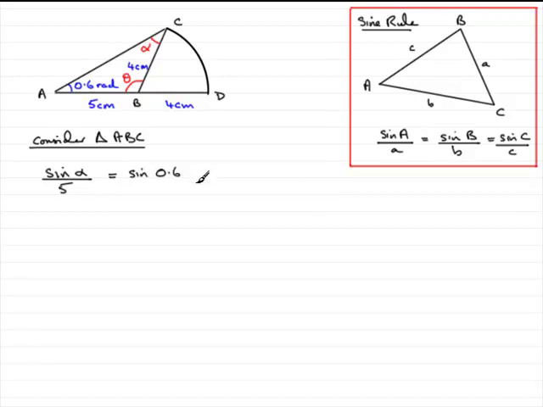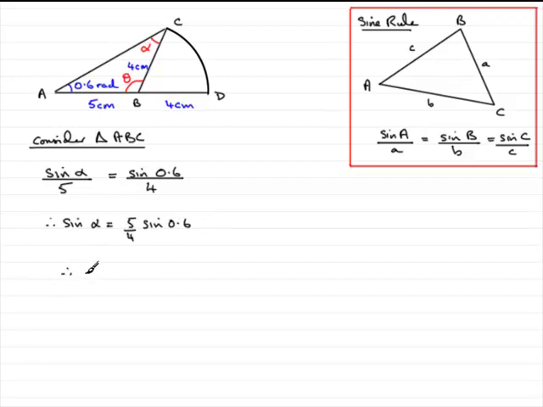Just leave it as 0.6, and then divided by the opposite side, which is 4. Rearrange this, times both sides by 5, and you've got that sine alpha equals 5 over 4 multiplied by the sine of 0.6 radians.